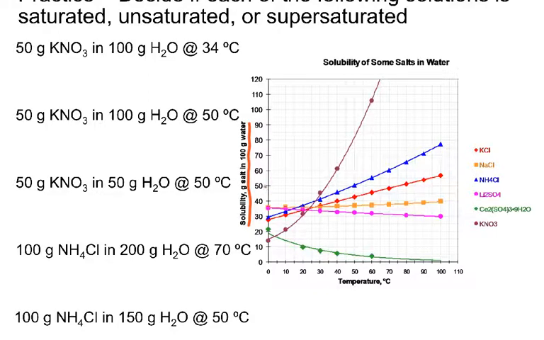So we're going to be at 50 grams here and 34 degrees Celsius. And we are looking at potassium nitrate, which is the red one there. So if we're right there and at 50, we are going to be right at the saturated point.